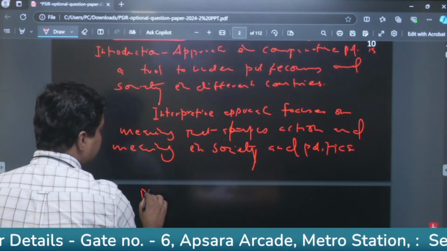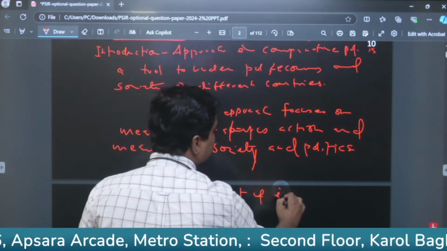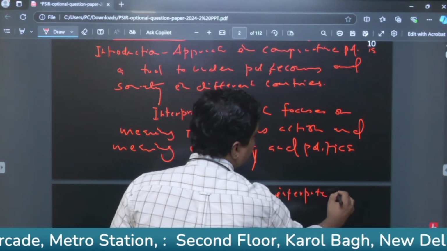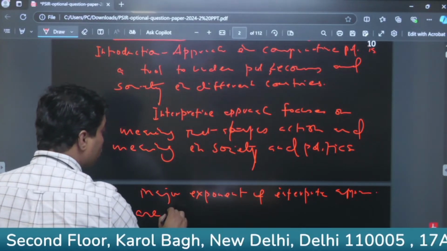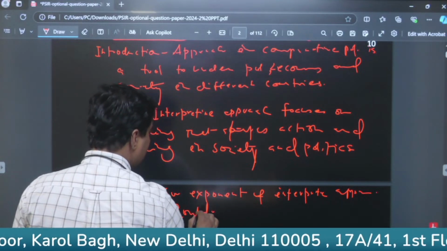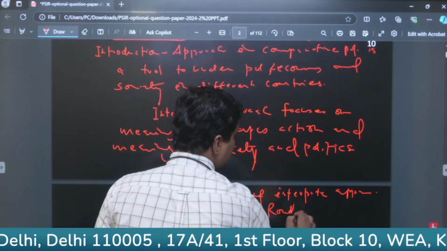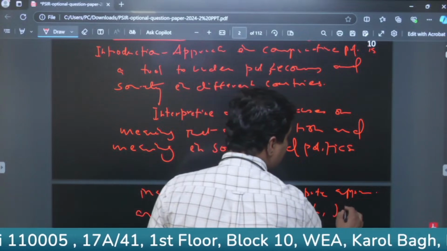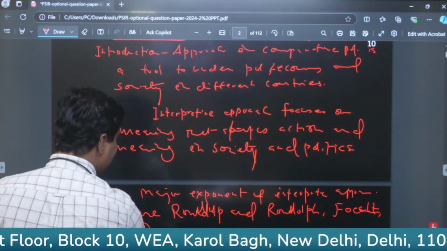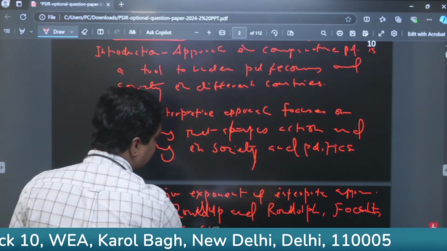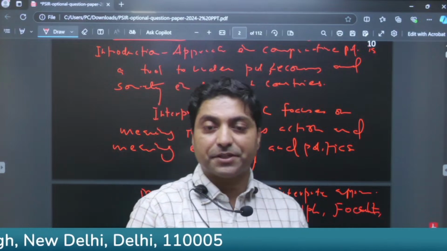The major exponents of the interpretive approach are Rudolph and Rudolph, Foucault, Derrida and so on, right? Postmodernist thinkers use the interpretive approach.